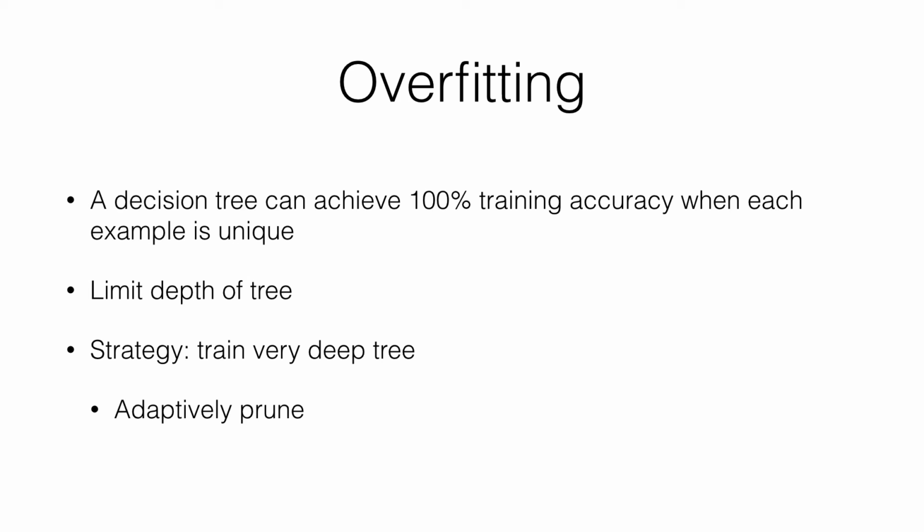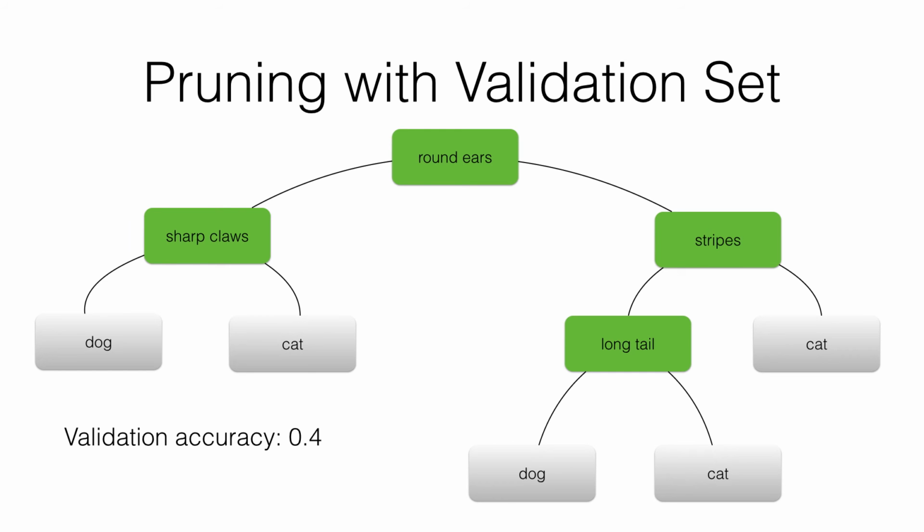But in either case, one of the key strategies for pruning a tree or for deciding what size tree to work with is to use a validation set.